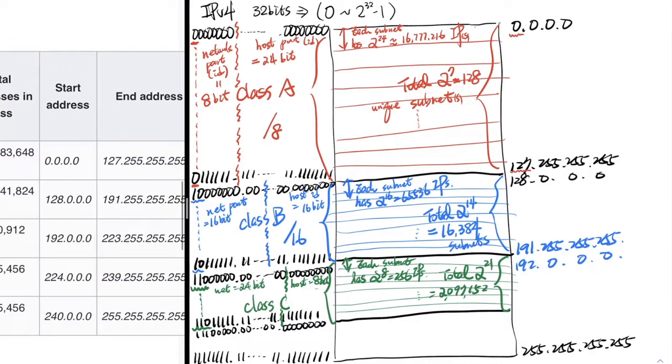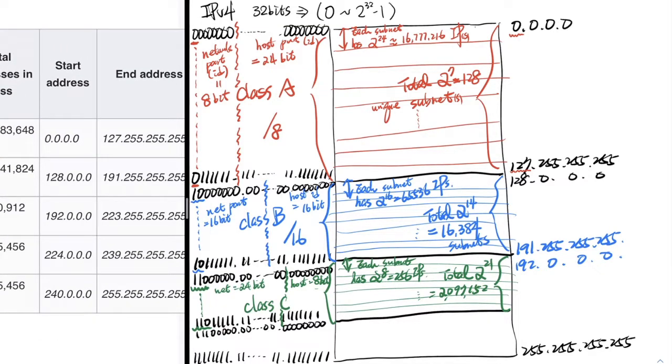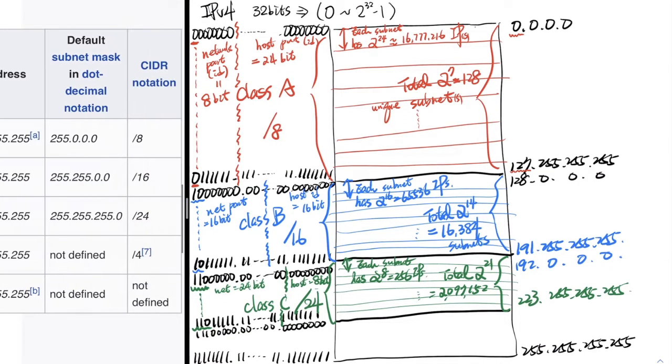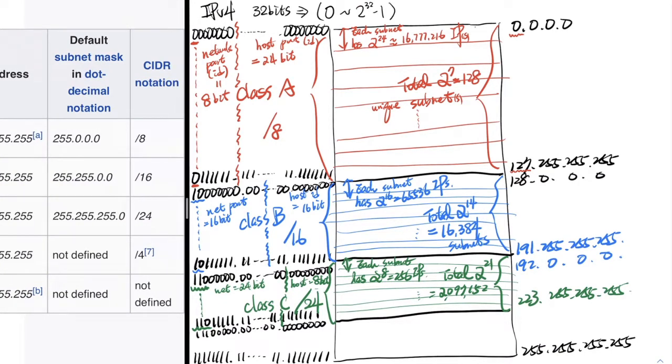The starting address is 192.0.0.0. So the last one should be this one. And again, because we use 24 bits as the network part, we write it as /24.